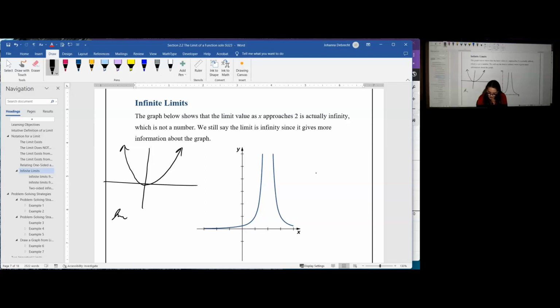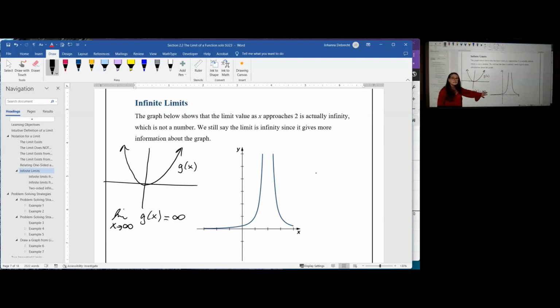This is called the limit at infinity. I would write the limit as x approaches infinity, meaning go right forever, of this function. What would the y value be? Well, if I call this function g of x, then the limit of g of x as x goes to infinity is infinity. That means the limit does not exist.